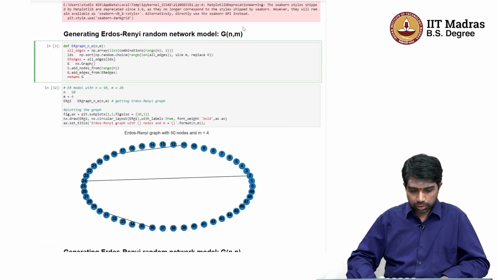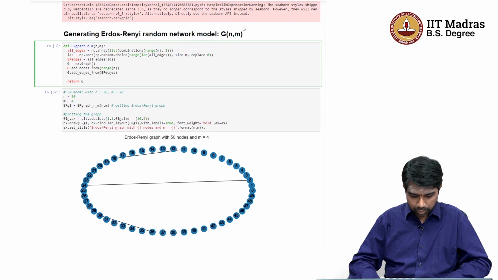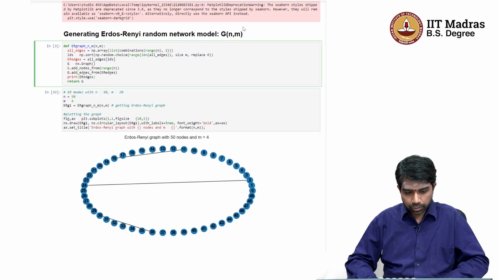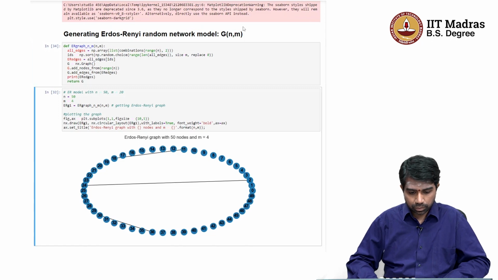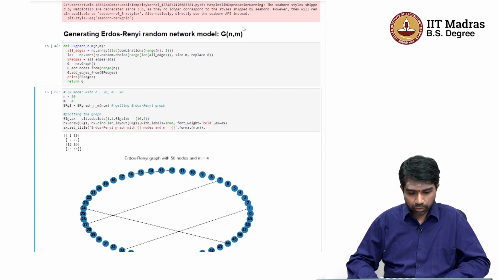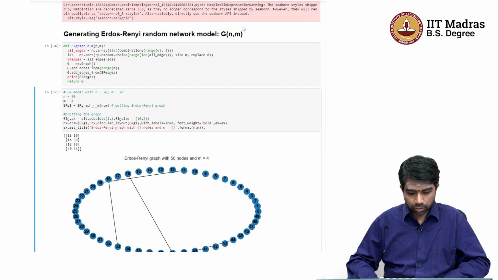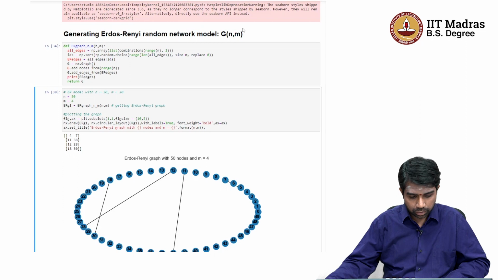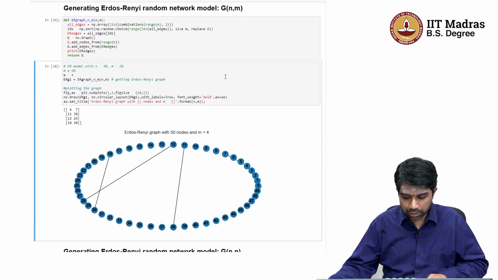Maybe it's good to just debug this. So let's print. 4, 4, 4. This looks like 3.